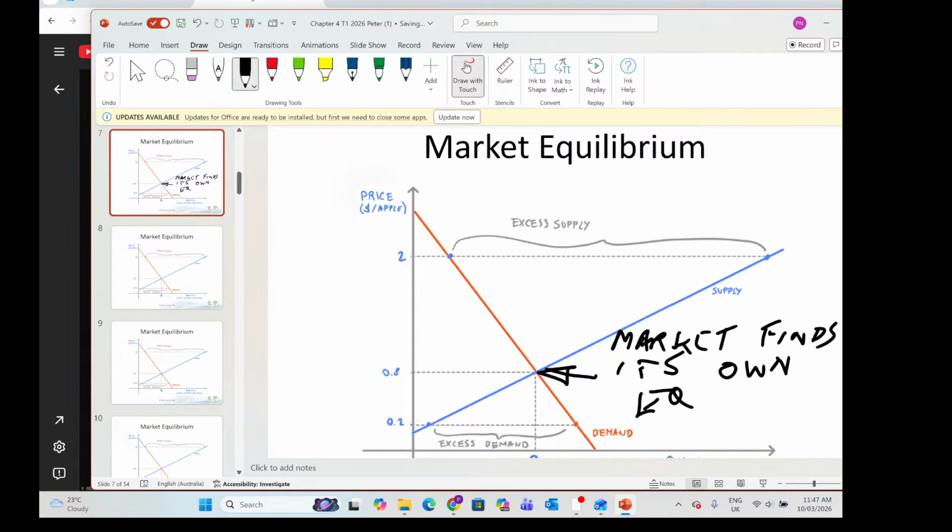So in particular, what we're assuming is that there is no government involved here. The government is not setting the price. The government is not setting the output. The market finds its price.